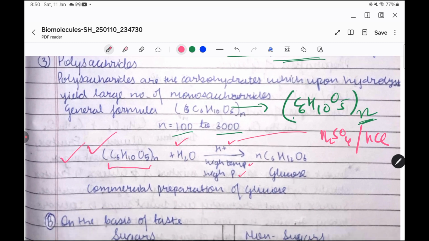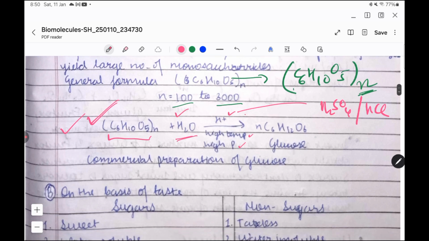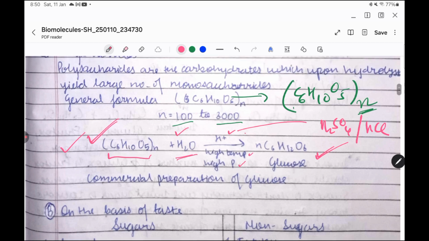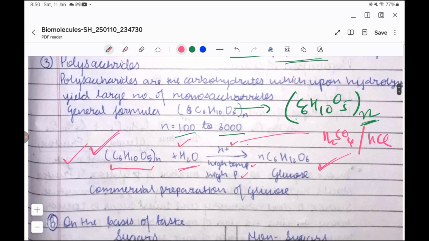For the board examination, this much is sufficient: polysaccharides, if you boil them in the presence of a catalyst like acid, you will get thousands and thousands of monosaccharides like glucose.